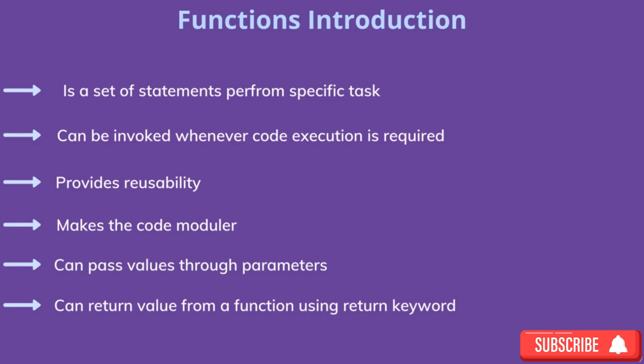Once you have written the function, you may call it once, twice, or any time you want. In short, it provides you reusability. It also makes your code modular. Modular means your code is clear, and each individual function is doing a separate task, so you can easily split your overall functionality into small modules.